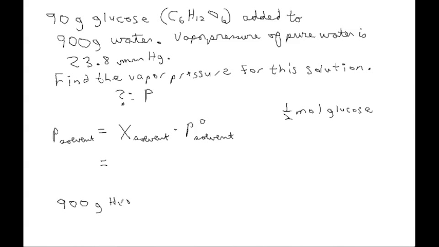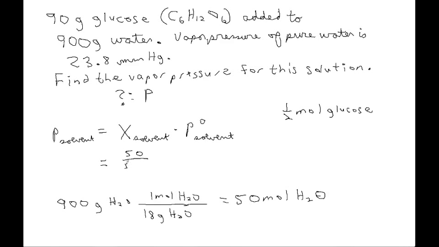So that would mean it's 0.5 divided by 50.5. Actually, it says X solvent, so it's not 0.5, it's 50 moles of solvent divided by 50.5 total moles. That is equal to almost 0.9900900.